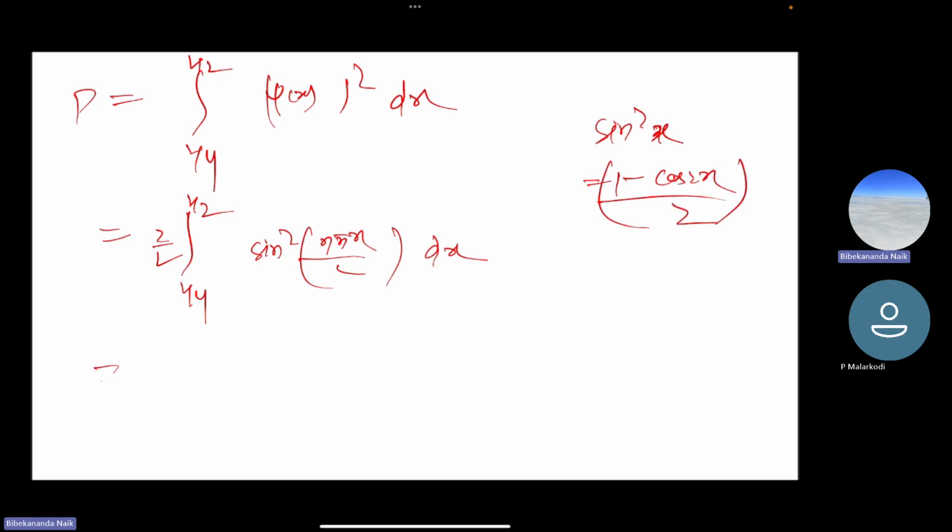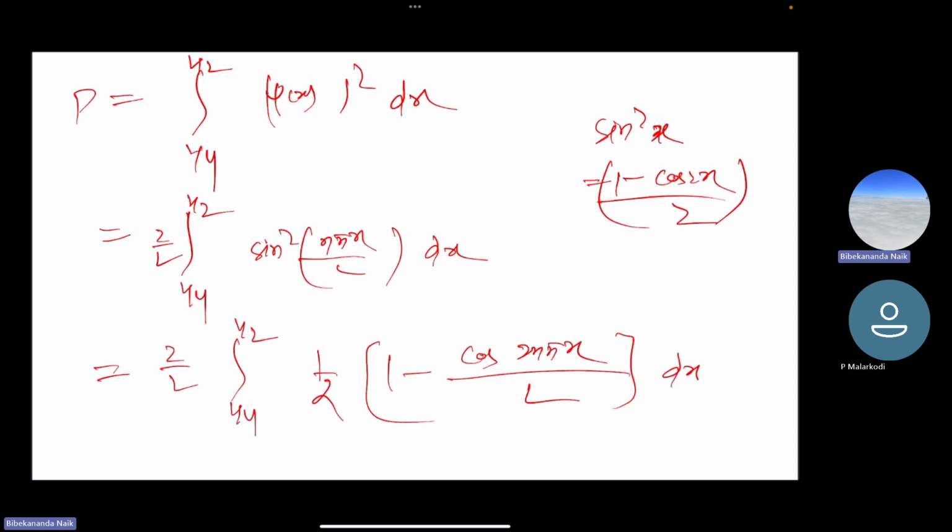So if you use that formula, it will be 2 by L, integration from L by 4 to L by 2, 1 by 2 of (1 minus cos 2n pi x by L) dx.